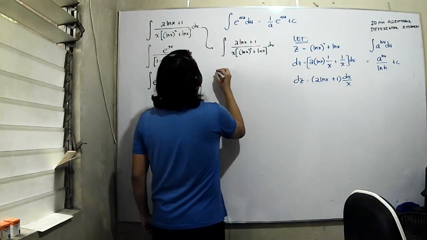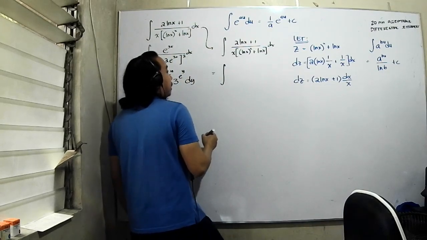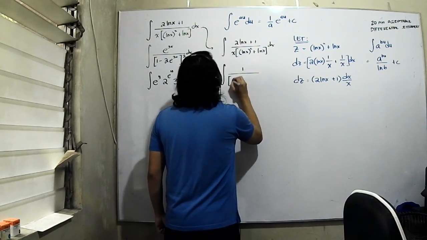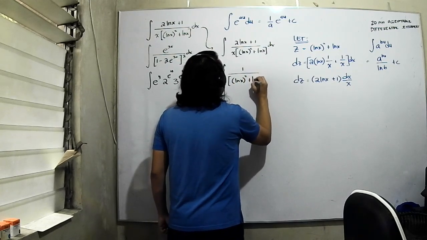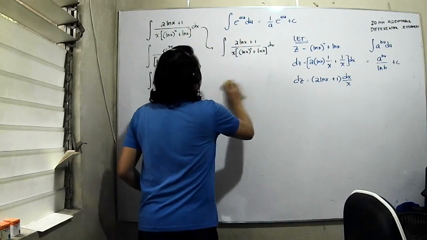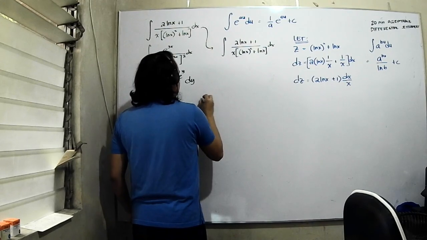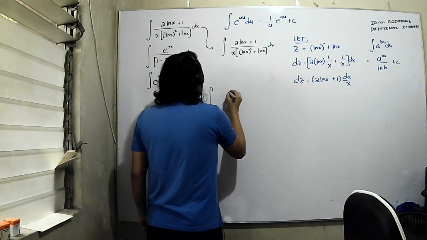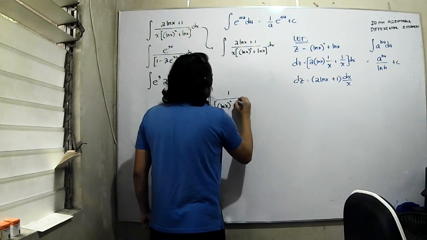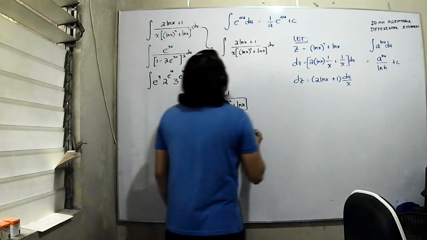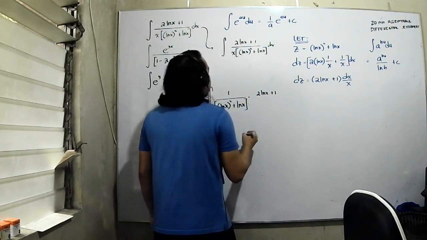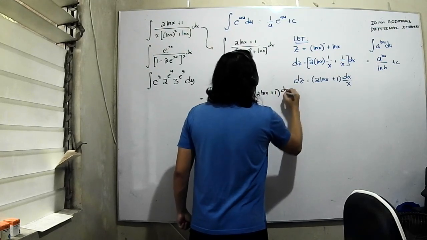Now that can easily be recognized, but let's work it out further. I'll factor this out: this is the integral of 1 over ln x squared plus ln x, multiplied by 2 ln x plus 1, multiplied by dx over x.